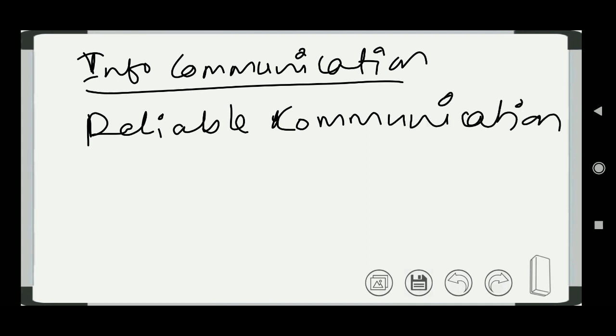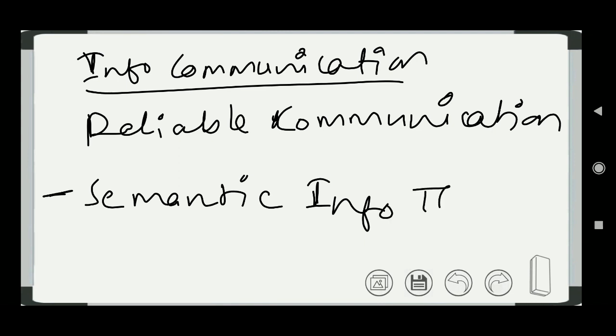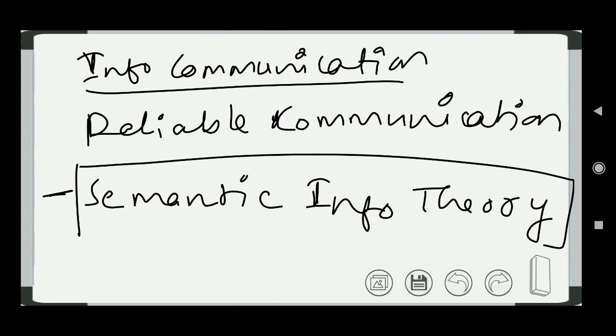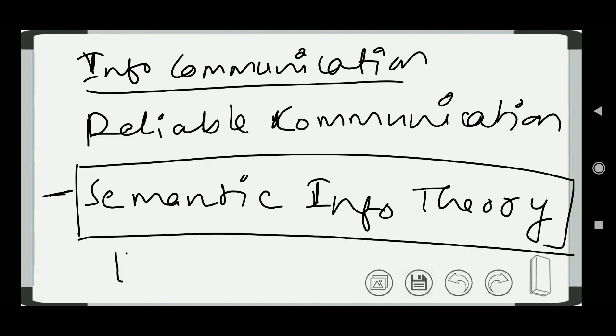Other than this, the last one, semantic information theory, very important concept, many times repeated. Many times this one is repeated, so it may repeat for you also, be prepared.